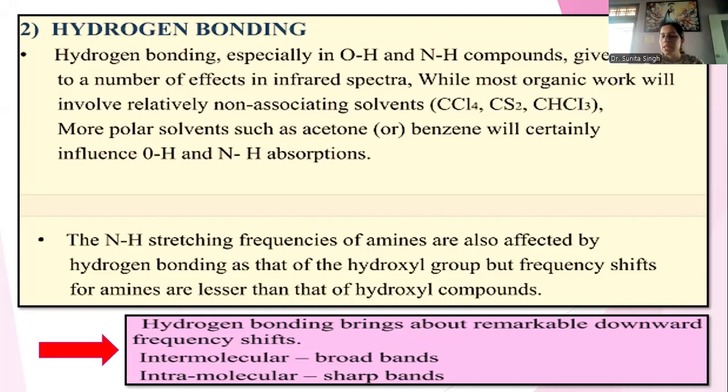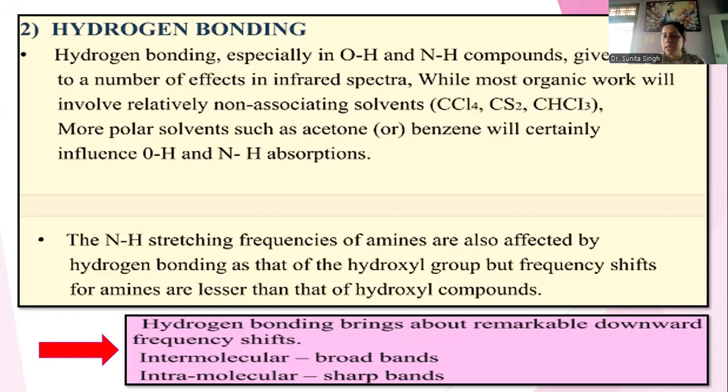Where there is a chance of hydrogen bonding, these effects are shown in the spectra. The NH frequencies of amines are also affected by hydrogen bonding, but the shifts are more prominent in the case of OH bonds.